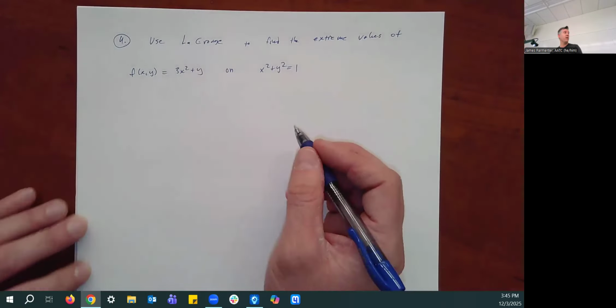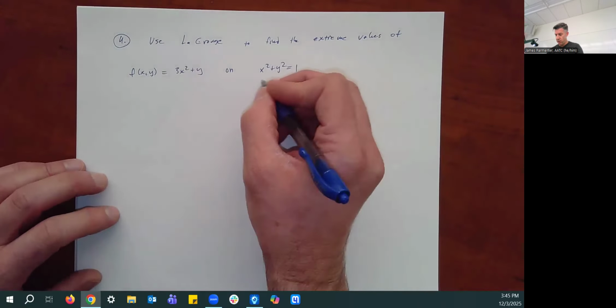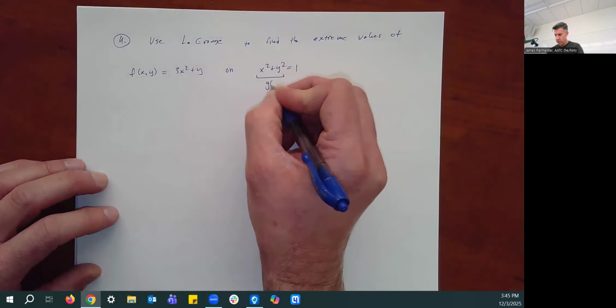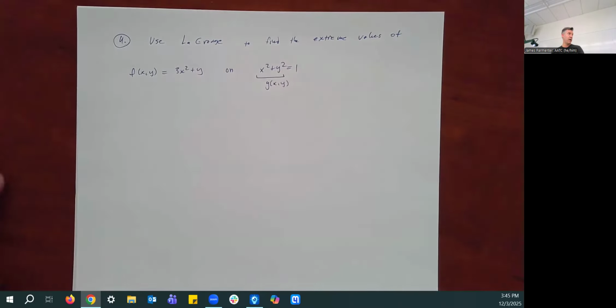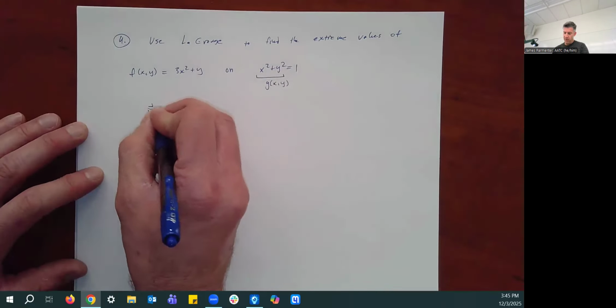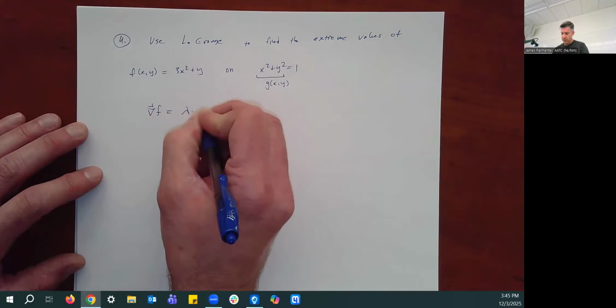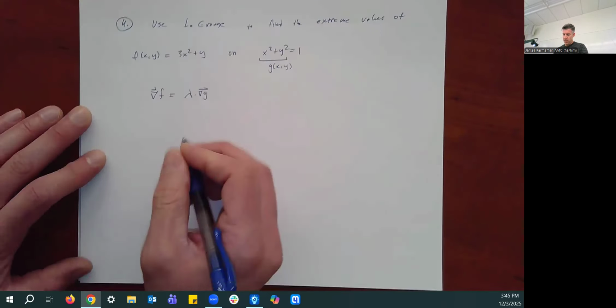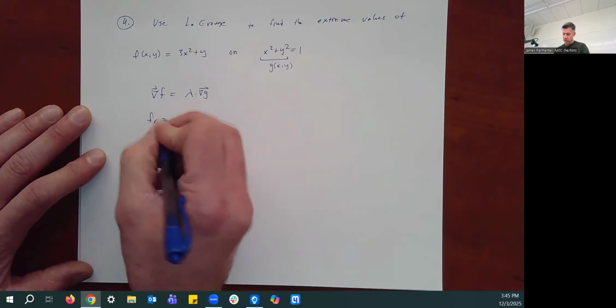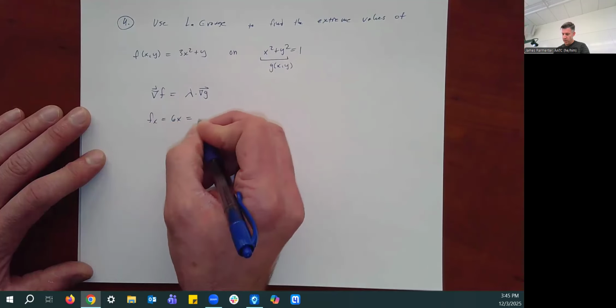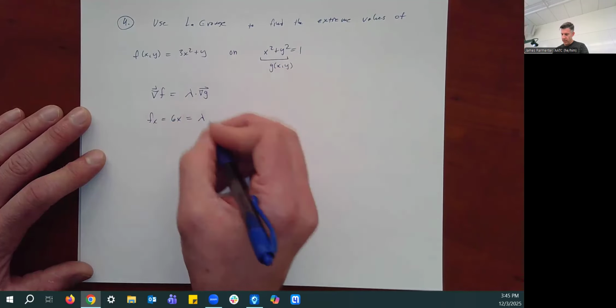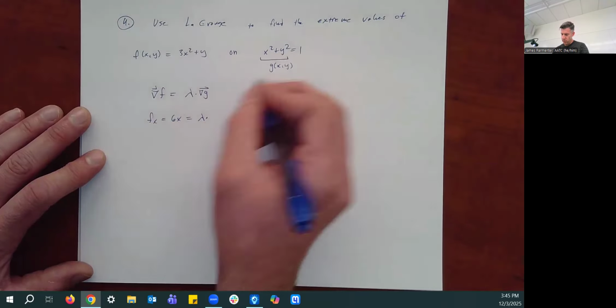So I'll point out here, it's perfectly fine to just call this G and not bring the 1 over to the other side. Because it doesn't matter which side of the equation your constants are on if you're taking partial derivatives. So here, our gradient of f is equal to lambda times our gradient of g. So we're going to get fx, which is 6x, equal to lambda times gx, which is 2x.